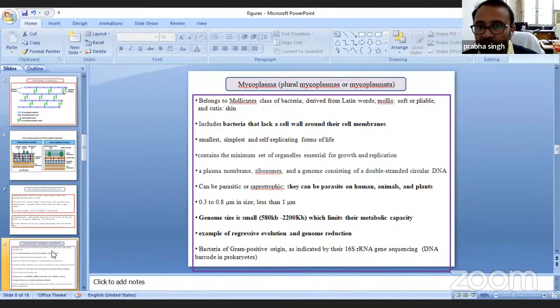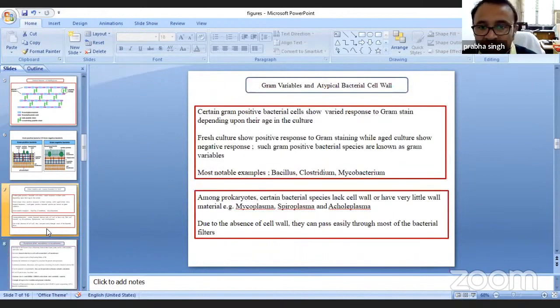Mollis means soft or pliable, and cutis means skin. That means mycoplasmas are such bacteria which lack cell wall. As we have read in the previous slide about Mycoplasma, Spiroplasma, and Acholeplasma, all the three genera belong to the class Mollicutes.